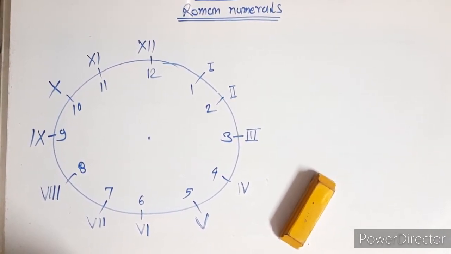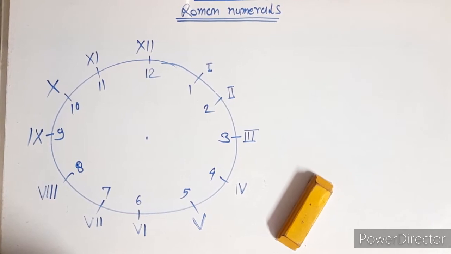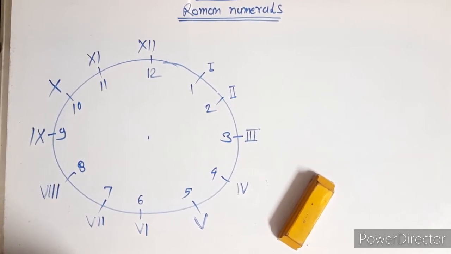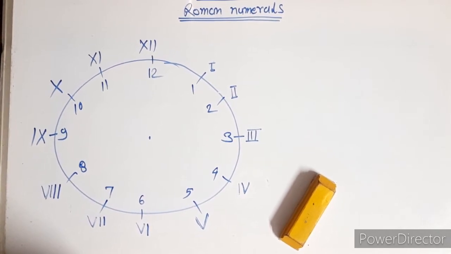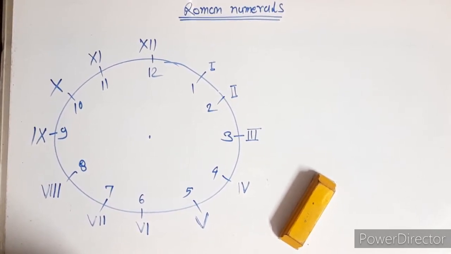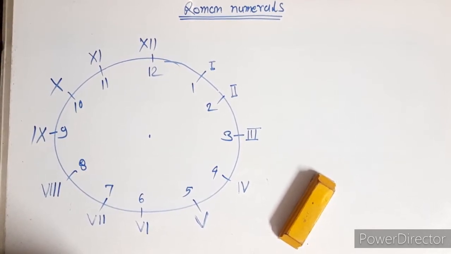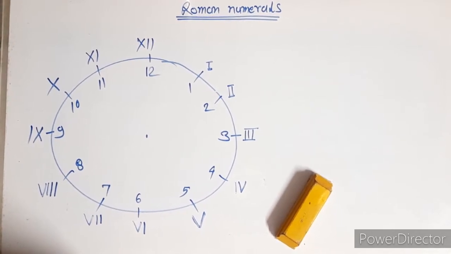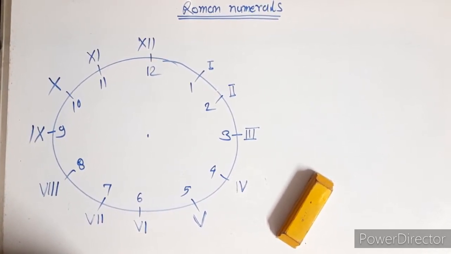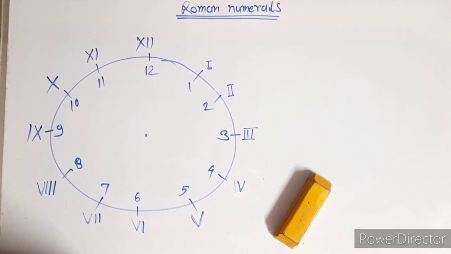Now look, the letter I for 1, double I for 2, triple I for 3. Do not use the I 4 times. So write 5 means V. And 1 remove from 5, we got 4.